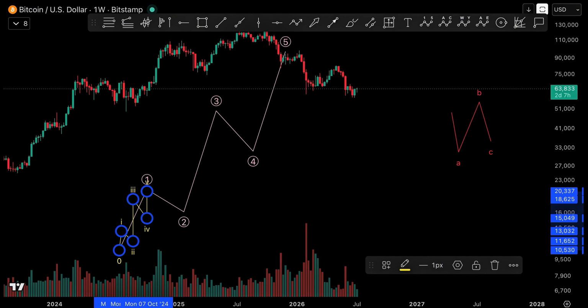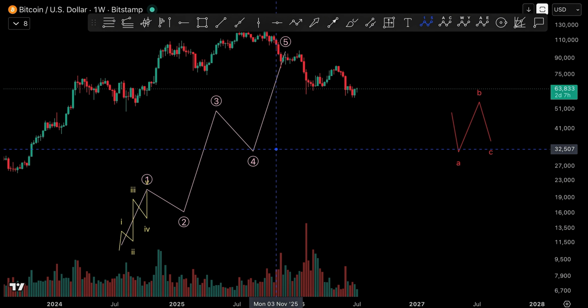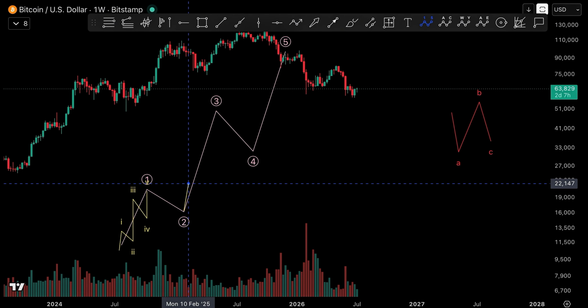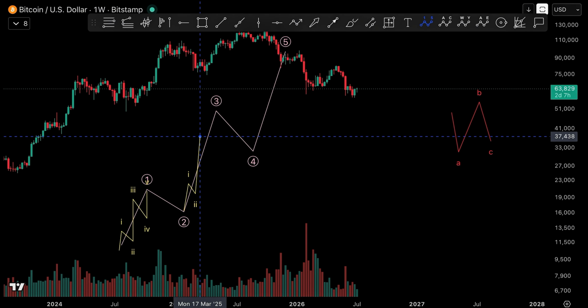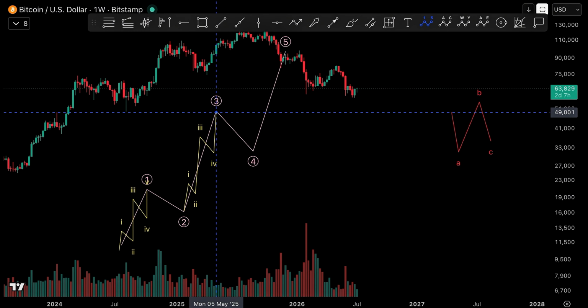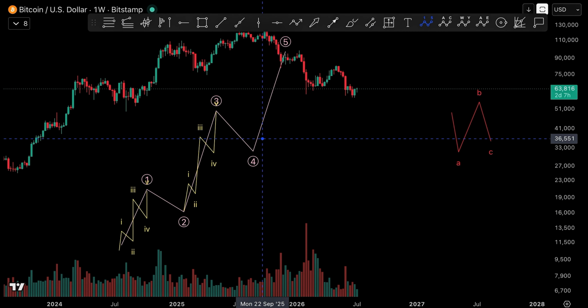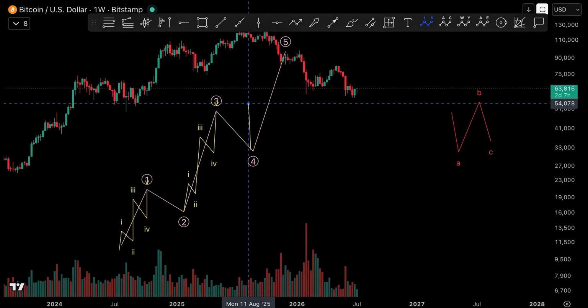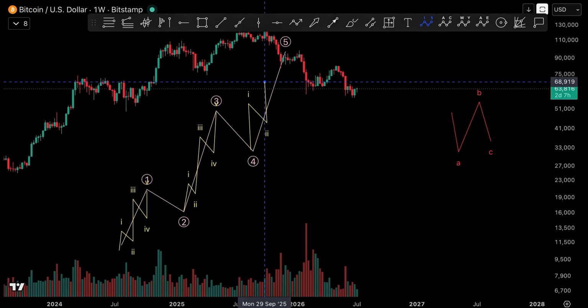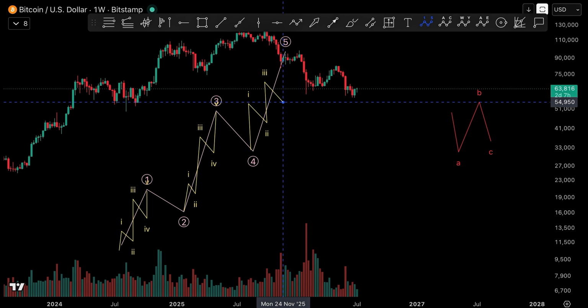And this could happen the same at that third wave, but maybe slightly larger, because the third wave itself is bigger than the first wave. And maybe let's keep this ending diagonal for the fifth wave. Okay, so that is an ending diagonal.